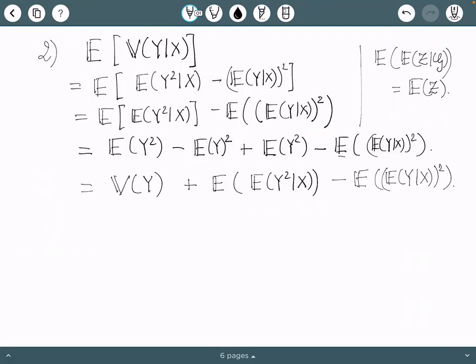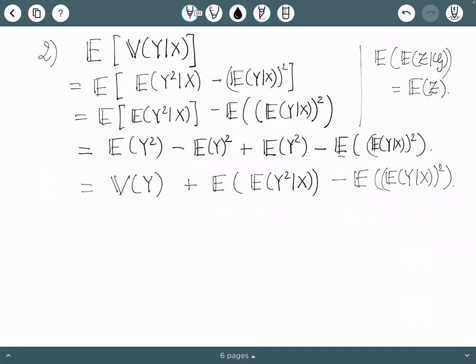And so if you look carefully at this guy, you see that it is the variance of the random variable. I can rewrite it again a bit.